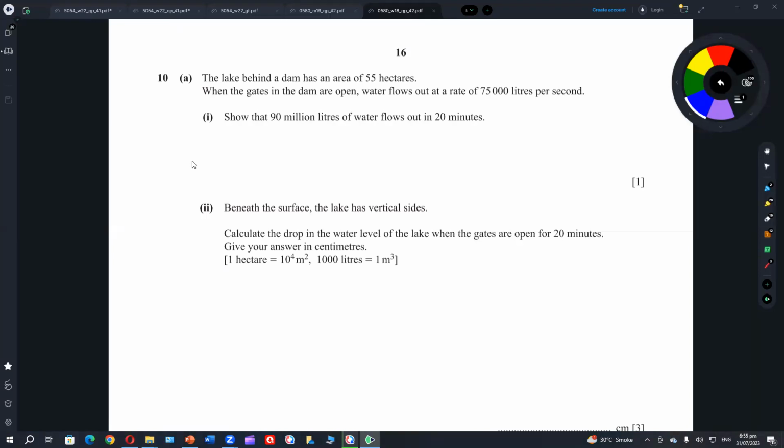So first you write 75,000 liter per second. Per second means 1 second. He's giving me 20 minutes, so I am converting 20 minutes into seconds. 1200.